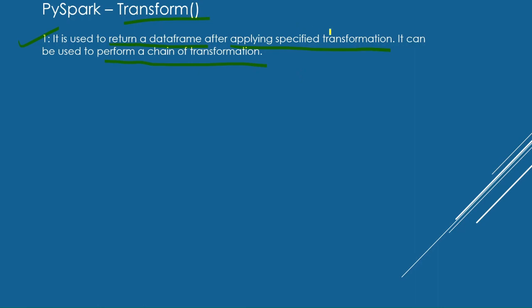So this returns a data frame after applying a specific transformation, and how to perform a chain of transformations. In this video, I am going to explain all those three things: how this specific transformation or chain of transformations can be achieved with the help of the transform function.